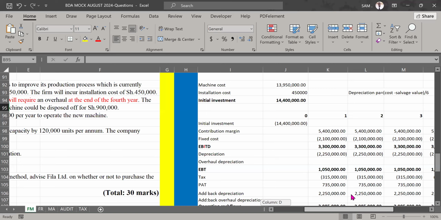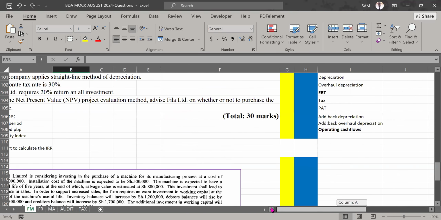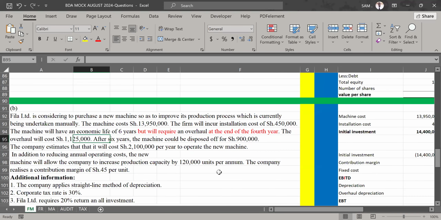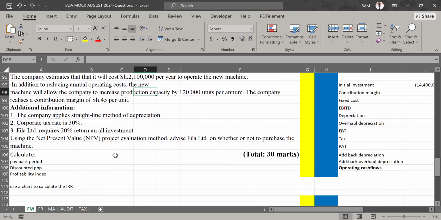So it is after the end of the 6 years that the machine will be disposed and it will realize 900,000 as the salvage value. Of course, 2.1 million was the fixed cost, the cost of running the machine. We already took care of it. Then the additional annual operating costs, okay. Any other element we are forgetting to take care of? Increase in capacity, we've already taken care of it. So I'm not seeing anything much remaining.